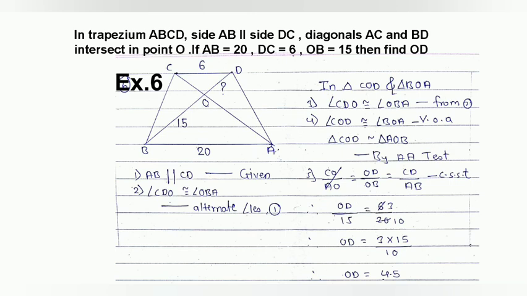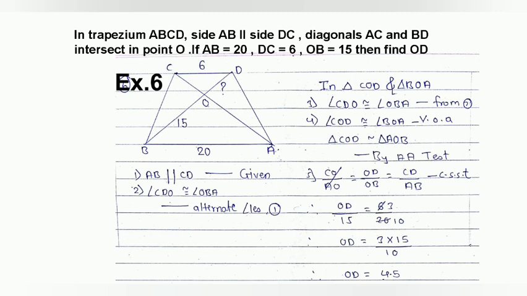Therefore these two triangles become similar by AA test. Again, by corresponding sides of similar triangles, all the three sides are in proportion. CO and OA we don't need here, so just cross them. Now in these four we put all the values we know, and from that we can find OD. By simplification we find OD is equal to 4.5.